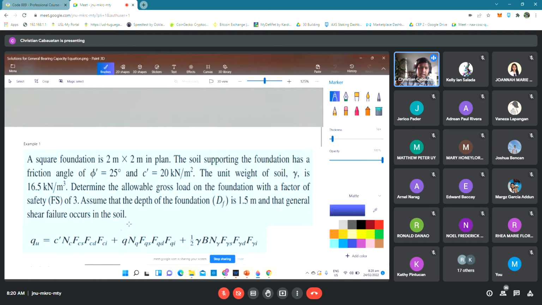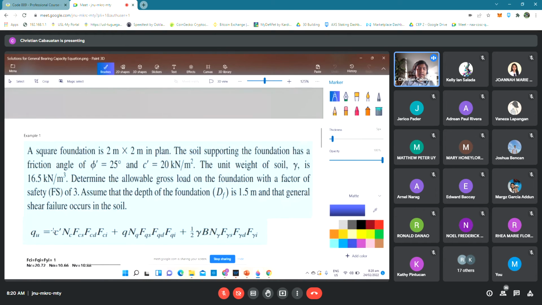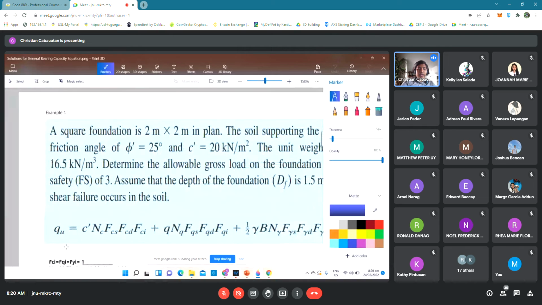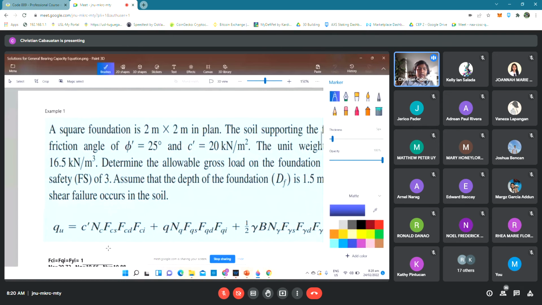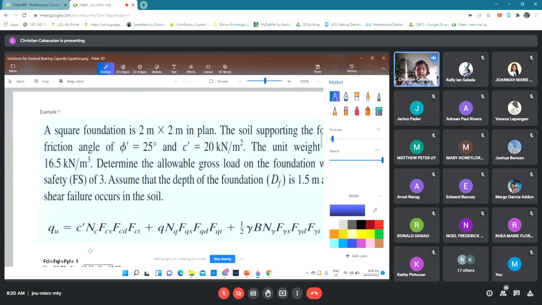I will not go through each term one by one because our time is running out. So these are the equations that were stated by Engineer Flores. For the cohesion term, FCI, FQI and F gamma I are 1.